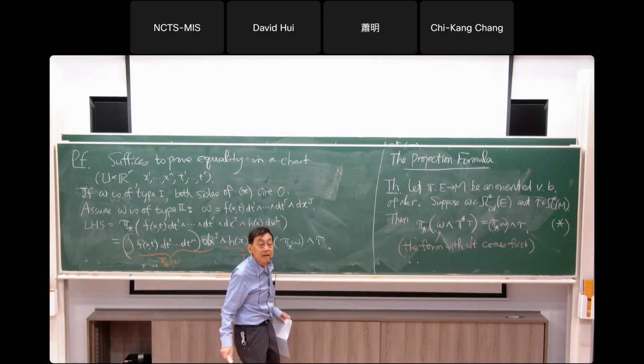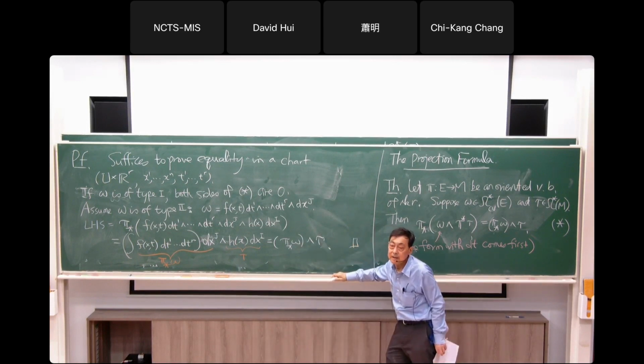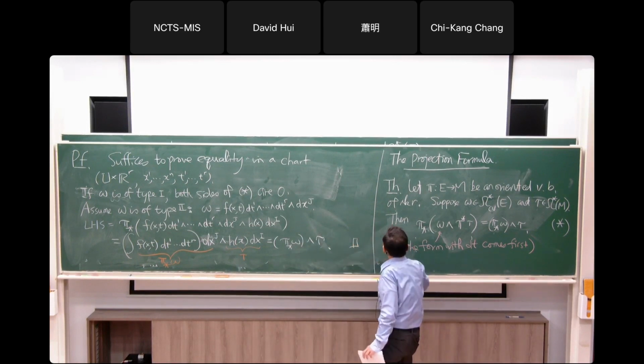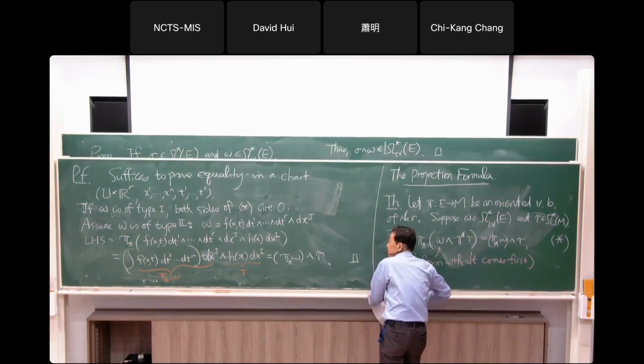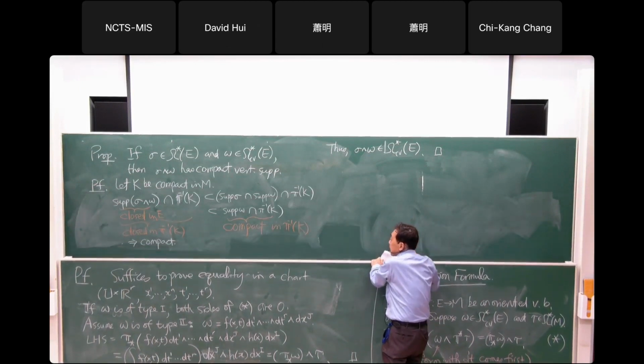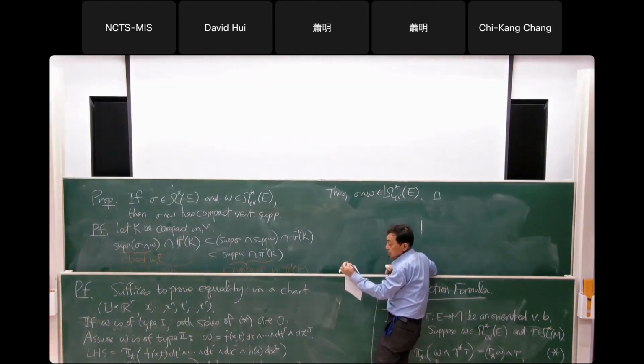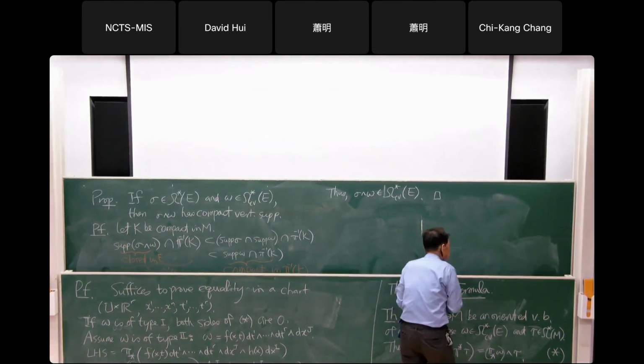So that's the projection formula. Once you write it in local coordinates, it's very easy. Now this has some implications for the Thom isomorphism.